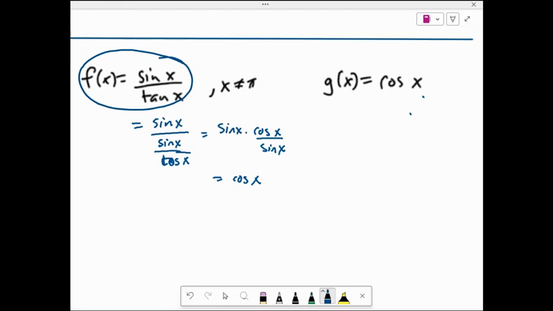So f of x does in fact simplify to g of x. They are going to be exactly the same everywhere, except for the fact that f of x doesn't exist at x equals pi.